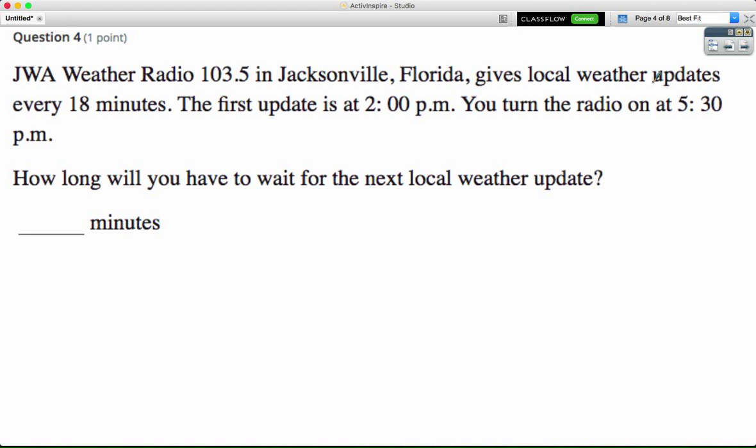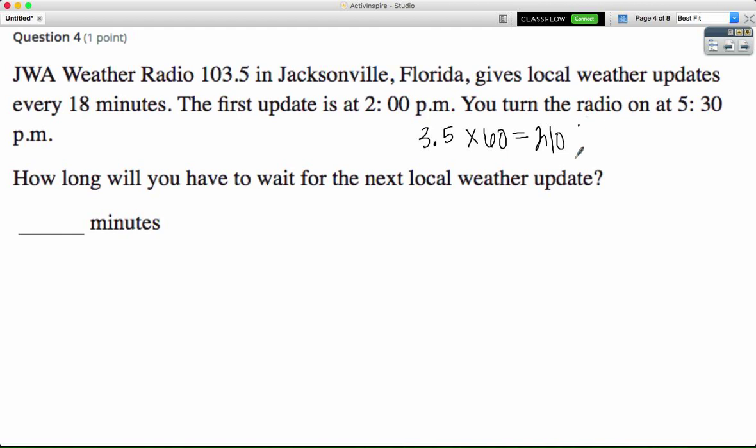So from 2 to 5 is already 3 hours, and there's another half hour. So 3.5 times 60 is going to tell me how many minutes have passed. So 3.5 times 60 gives you 210. So 210 minutes have passed, and this update is happening every 18 minutes.